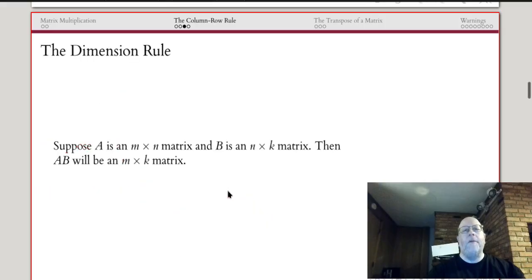We have a couple of theorems here. One is called the dimension rule, that if we have an M by N matrix and an N by K matrix, the answer will be an M by K matrix. The two inside entries have to match.